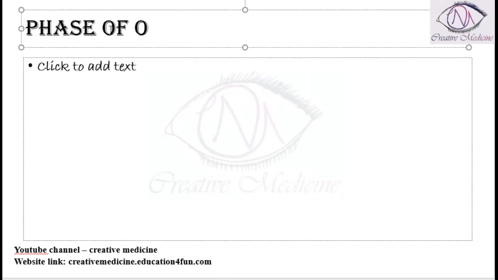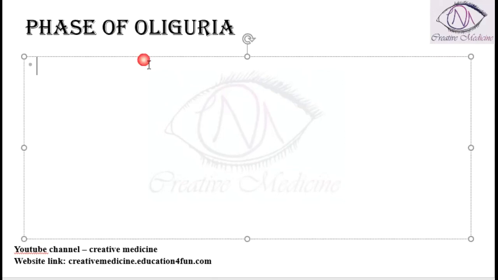In the phase of oliguria, the following clinical features are present, and we will see the treatment also simultaneously. If the patient has intravascular volume overload, because in the beginning, because of the kidney injury, the kidney cannot filter the glomeruli properly, so as a result urine formation is less, which results in intravascular volume overload.